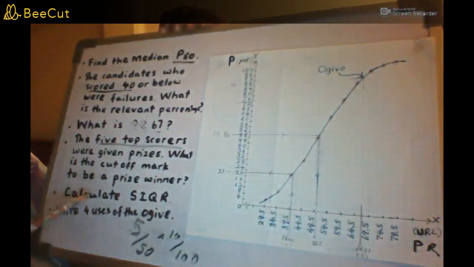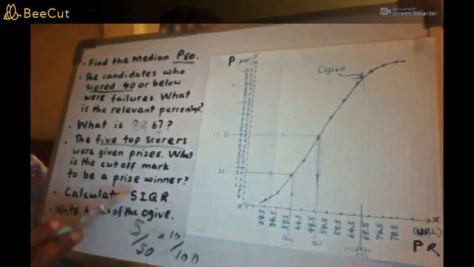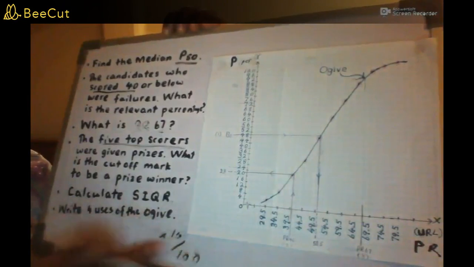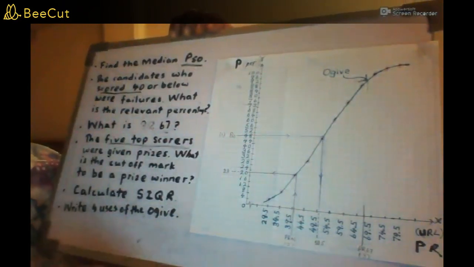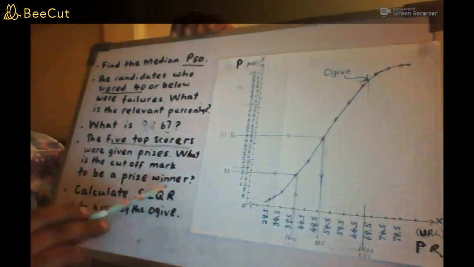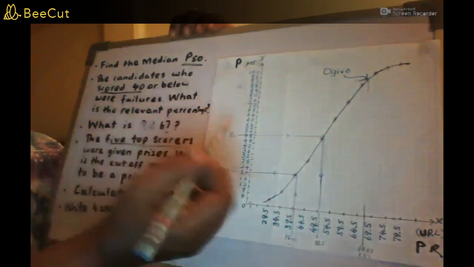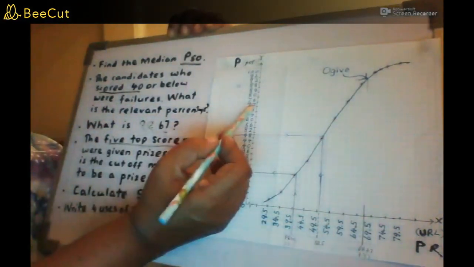Next one: calculate SIQR. So SIQR is what? SIQR means P75 minus P25, divided by 2. So where's P75? Somewhere here.